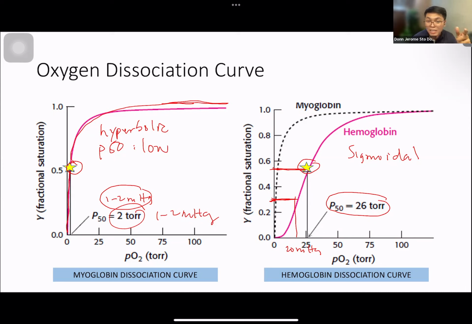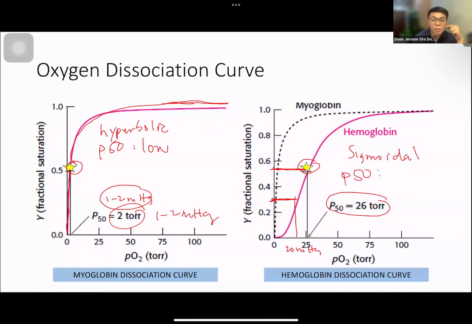So does that tell you that the second binding site had an easier binding with oxygen than the first binding site? Yes, no? So that would tell you that the shape of your hemoglobin dissociation curve exhibits a positive cooperativity effect.